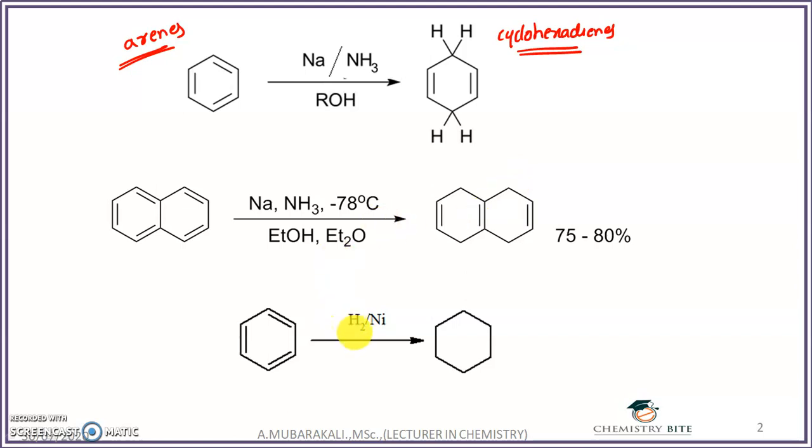If you do the reduction with hydrogen in presence of nickel, there is complete reduction, and benzene will get completely reduced to cyclohexane. But in case of benzene reacting with sodium in liquid ammonia with an alcohol like ethyl alcohol or isopropyl alcohol, it is a partial reduction, not a complete reduction.